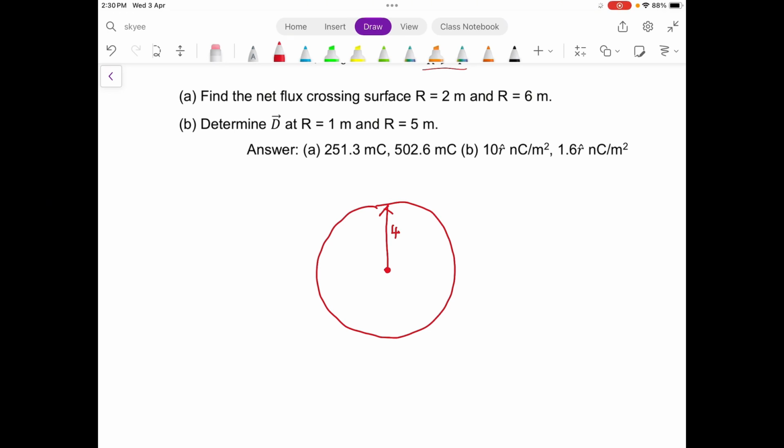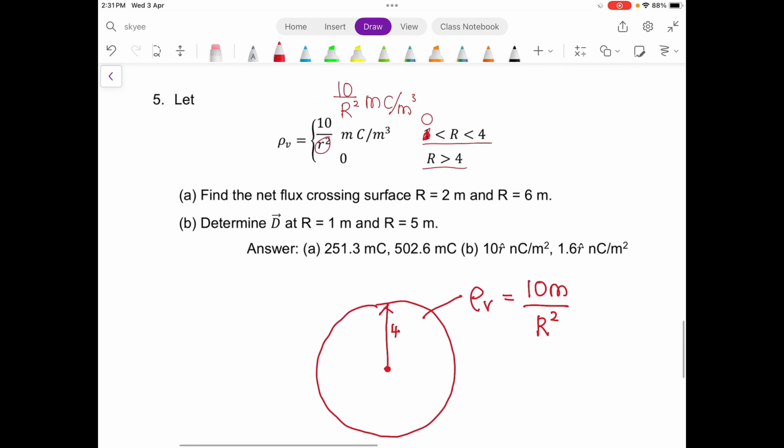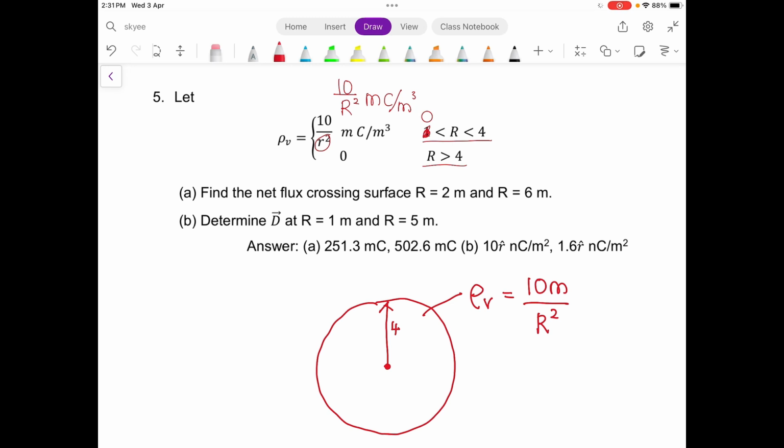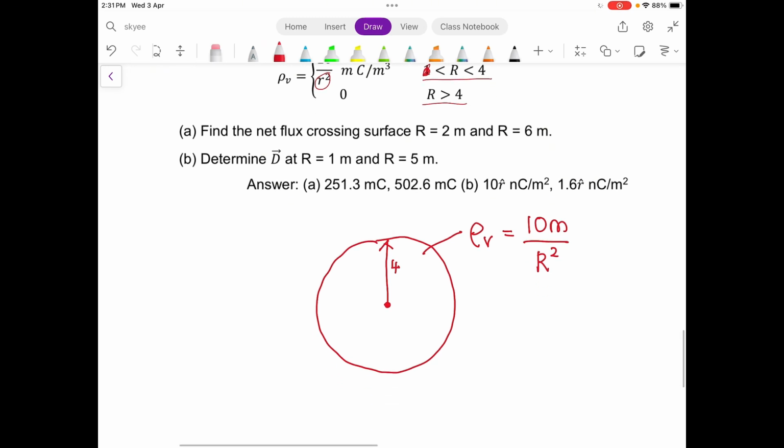So rho V equals 10 milli over R square, and it is 0 when greater than 4.